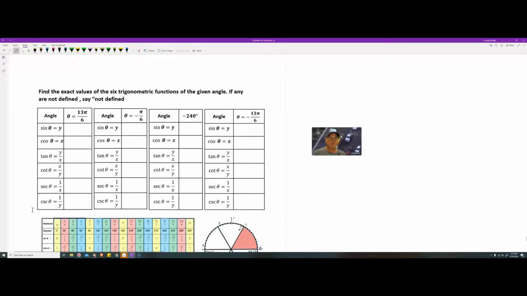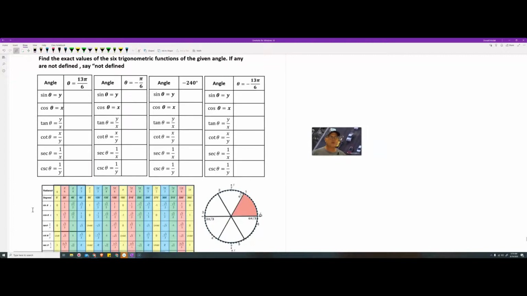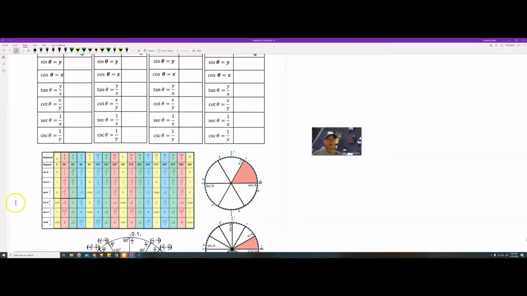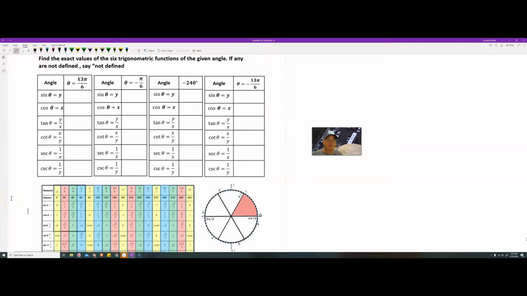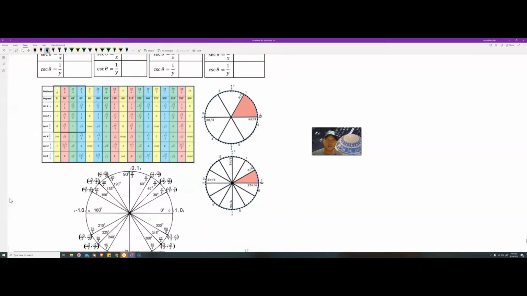All right, so same here, just different angles. I put some negatives in there. Okay, 13 pi over 6. Well, there is no 13 pi over 6 in our chart here. So we're going to count around the circle, and find which one of those 13 pi over 6 would land on. All right, so these are my pi over 6 pieces.